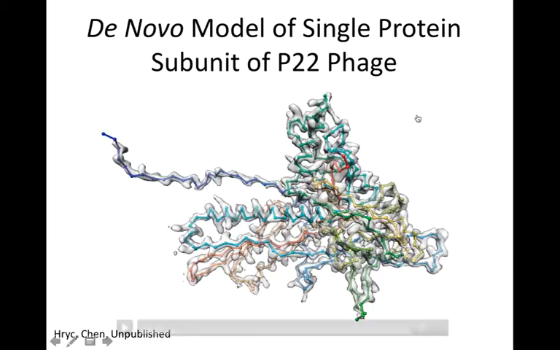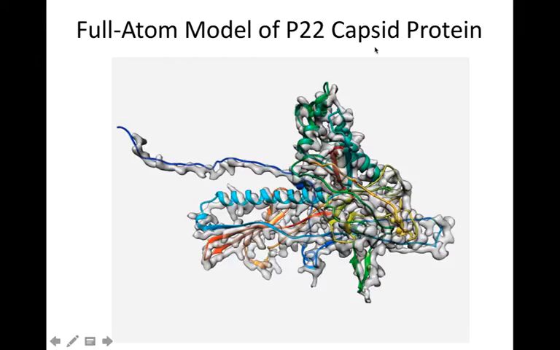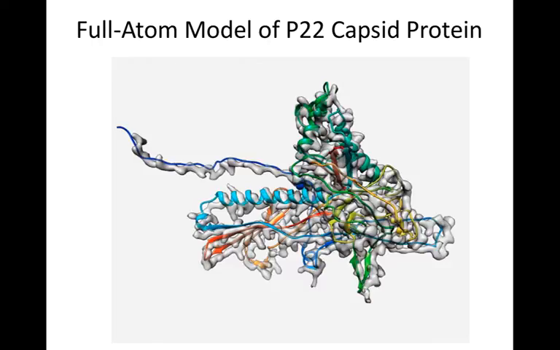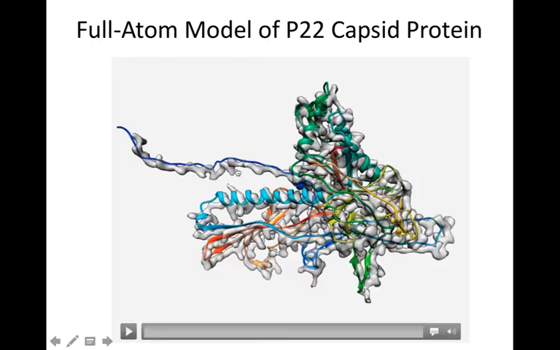Having obtained such a trace, our next step is to build a true full atom model based on the density. And we use the crystallographic software called Phoenix. Then we can optimize this trace.